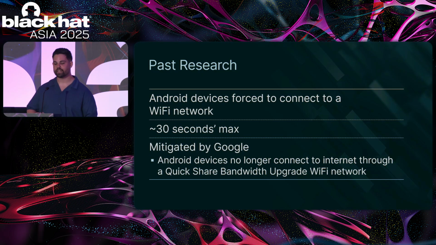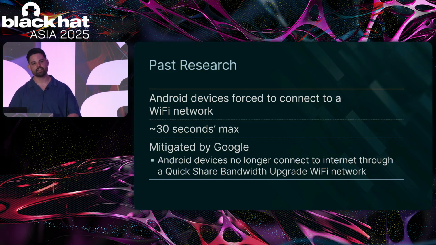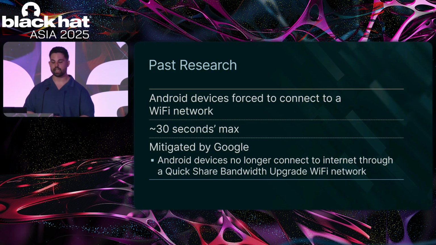Researchers have already shown in the past that this can be used for a man-in-the-middle attack, sniffing all internet traffic of the victim for about 30 seconds. Now, this was shown on Android, and since then, this was already mitigated by Google. Android devices today, when they are connected to the Wi-Fi hotspot as part of a bandwidth upgrade negotiation, are not going to the internet.